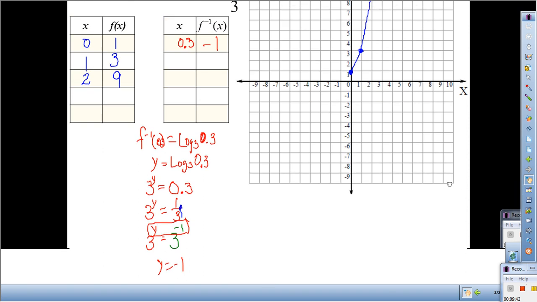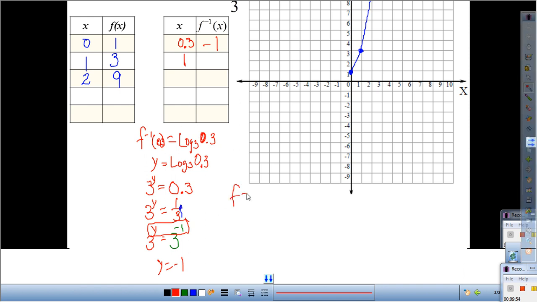All right, let's go with the next number. What's the next number? 1. All right, so 1. We do the whole thing again. f inverse of x, but instead of x it's 1, equals log base 3 of 1. So this becomes y equals log base 3 of 1. We need to change this to exponential, so this is 3 to the y equals 1.